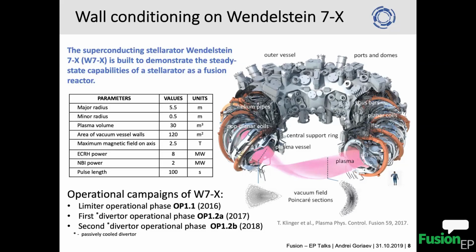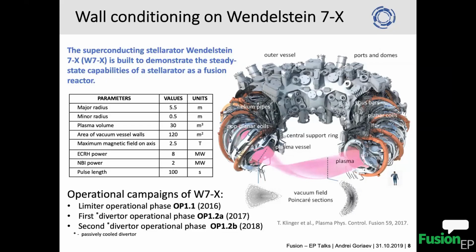The device was, let's say, recently put into operation. The first campaign was in 2016, and there were also two campaigns in 2017 and 2018, the first in limiter configuration, the last two in divertor configuration. The next campaign, which is not mentioned here, is planned for 2022.